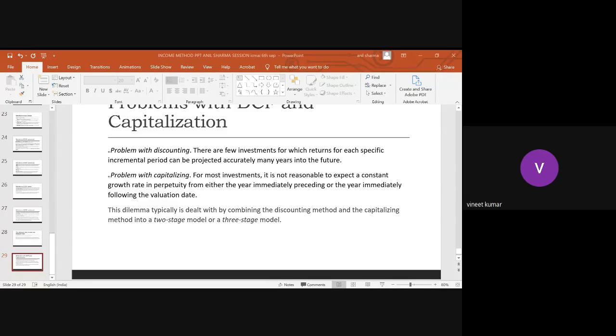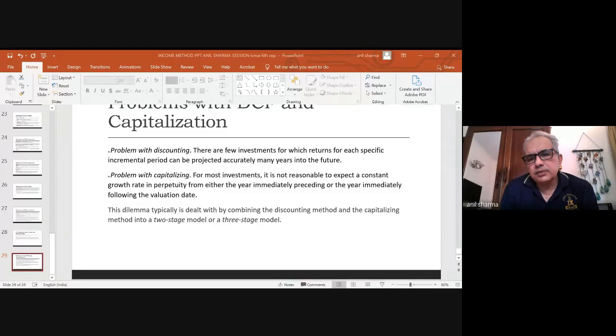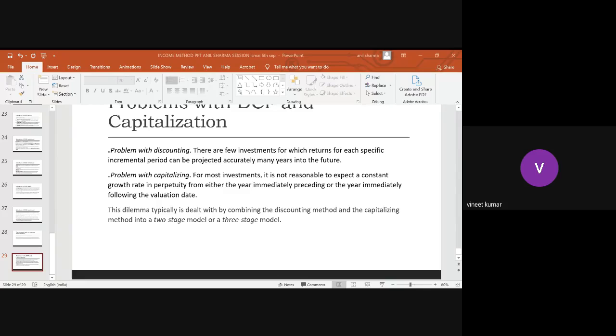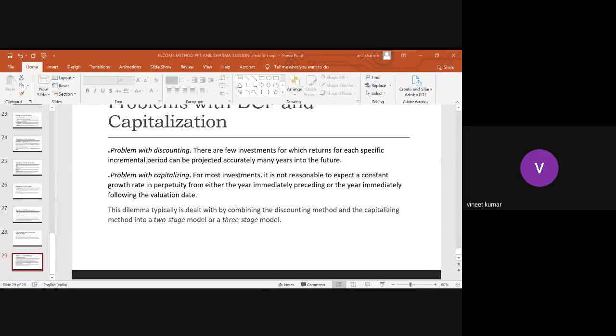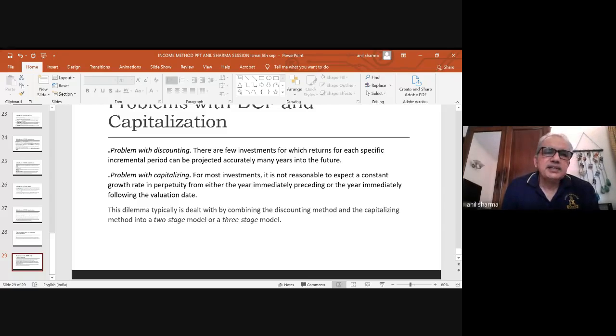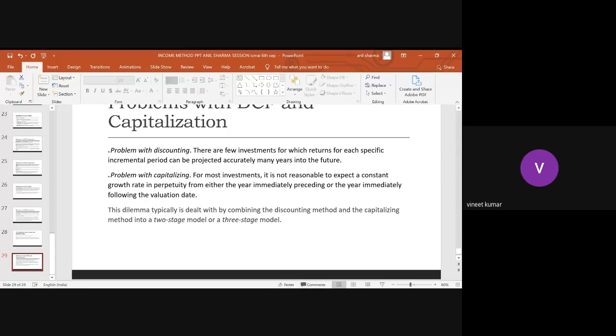Cost approach 5, and income approach 2, sir. Okay, so it's not going to impact you much. Still we have to understand, sir. Yes, but from the marks perspective, I'm saying it's not going to.